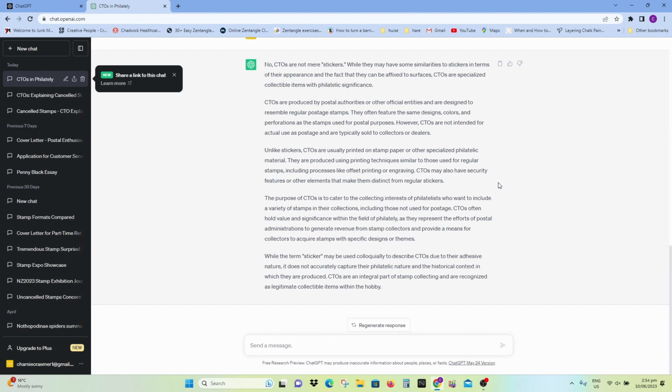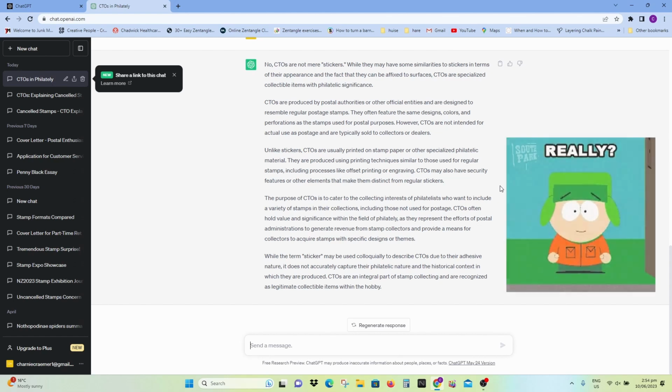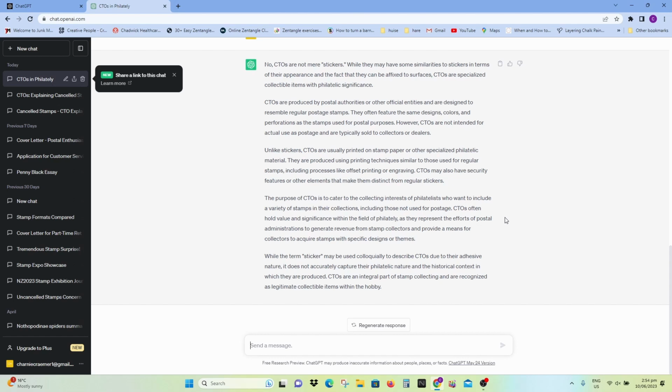The purpose of CTOs is to cater to the collecting interests of philatelists who want to include a variety of stamps in their collections, including those not used for postage. CTOs often hold value and significance within the field of philately, as they represent the efforts of postal administrations to generate revenue from stamp collectors and provide a means for collectors to acquire stamps with specific designs or themes.